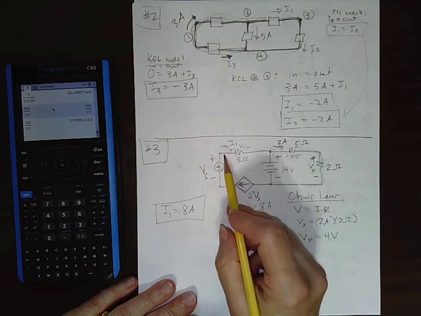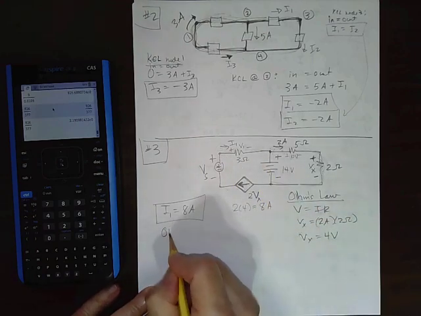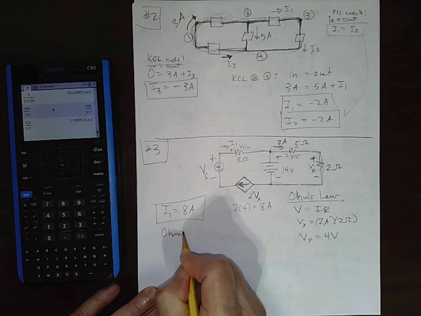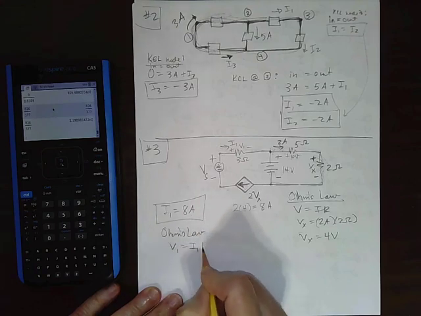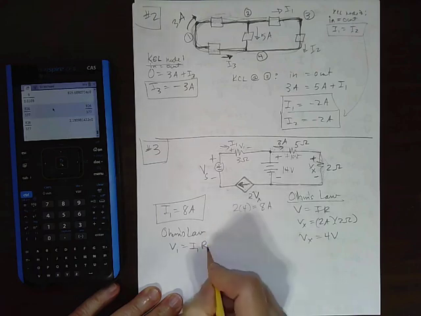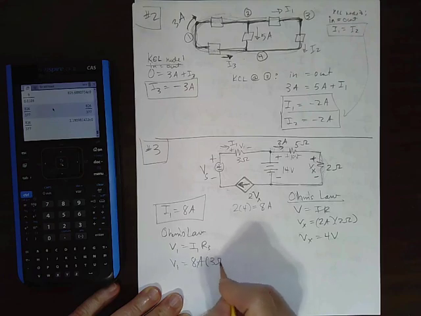Can we find V1? We can find V1, right? So we can use Ohm's law again. It says V1 equals I1 times R3. So I1 is 8 amps, and R3 is 3 ohms. So V1 is 24 volts.